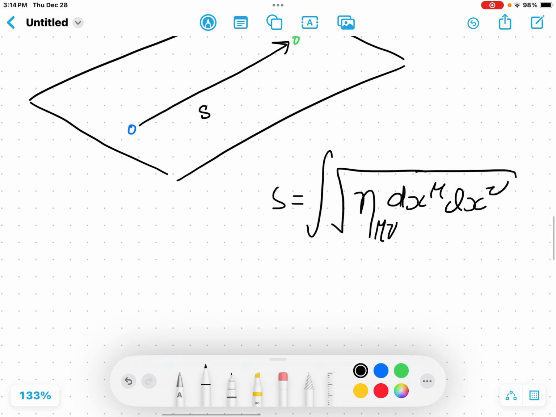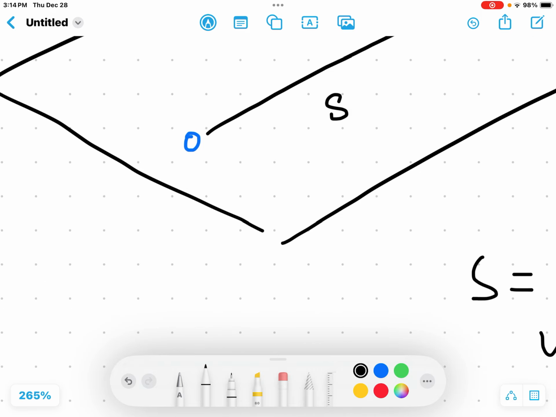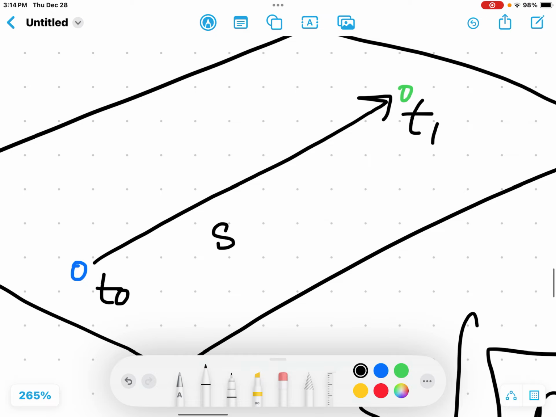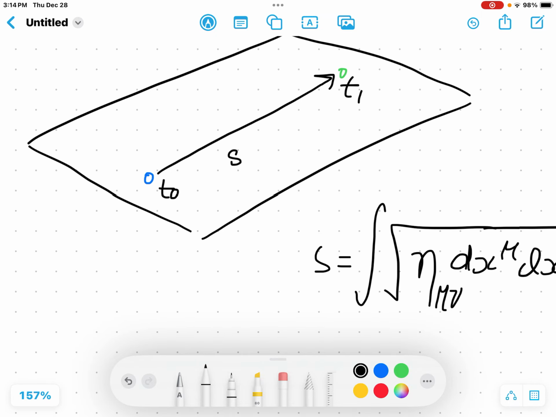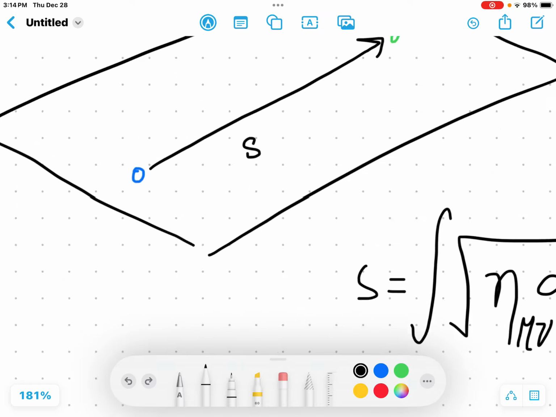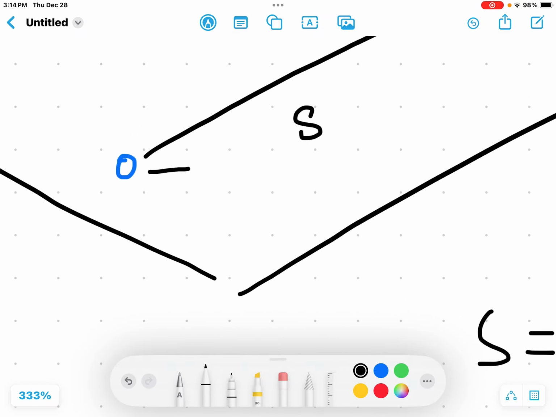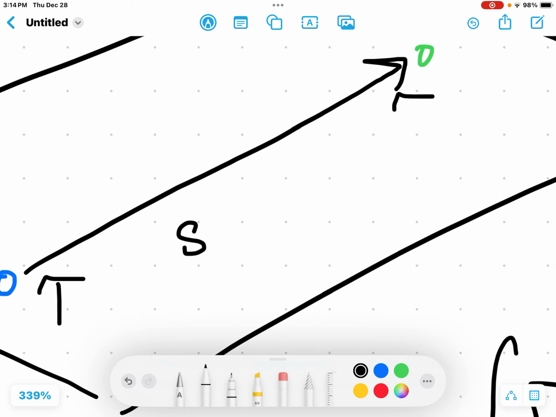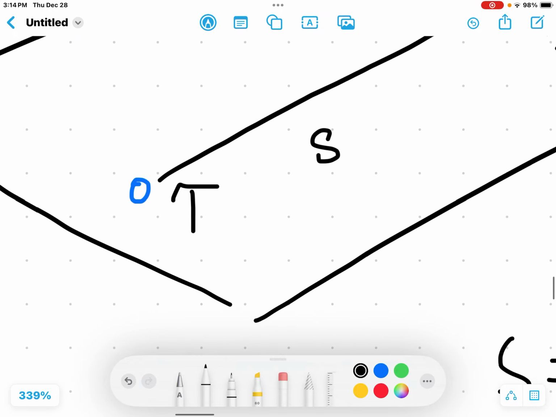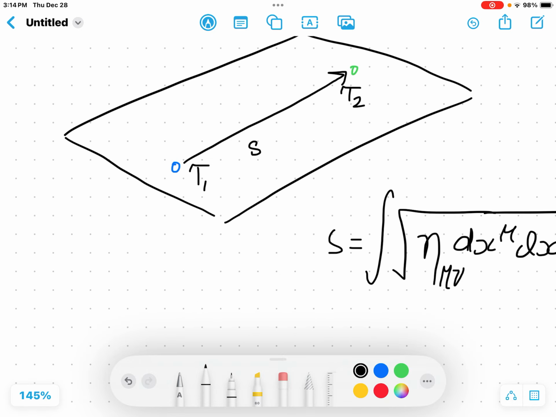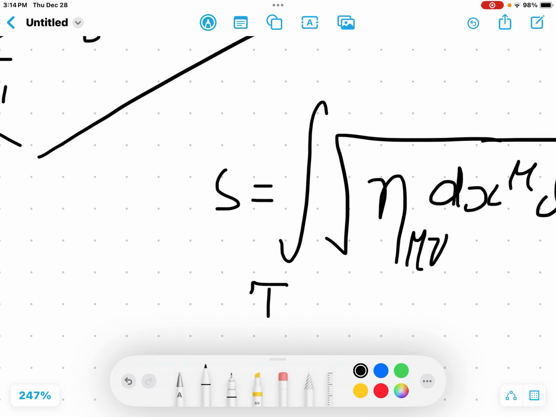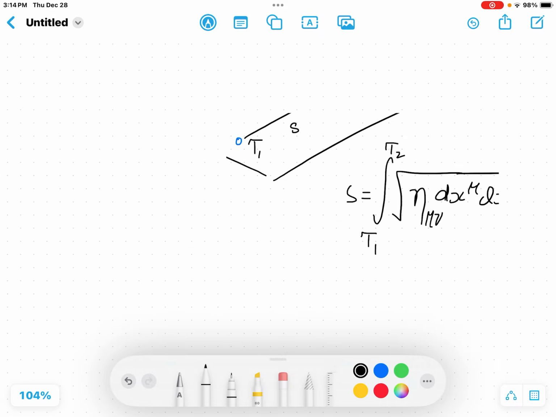So it's my proper time. Between 2 certain times, it starts at t0 and ends at t1, or rather tau actually, because we're talking about the clock on my ship as I travel through space-time. So we're talking about proper time, not the time in a different observer's rest frame or frame of reference. So this is from a tau 1 to a tau 2, right? That's my time traveled.